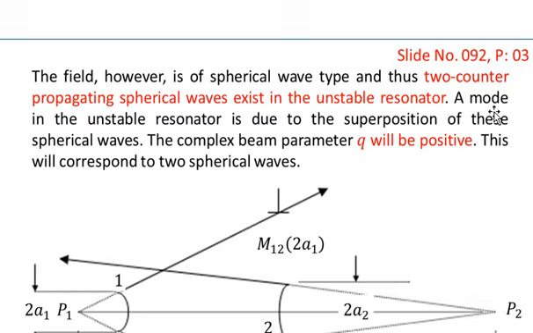These are actually the longitudinal modes. The complex beam parameter Q, which we have been talking about in our previous slides, will now be positive. This will correspond to two spherical waves.